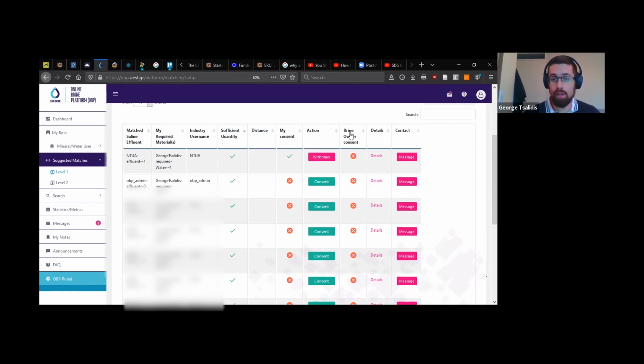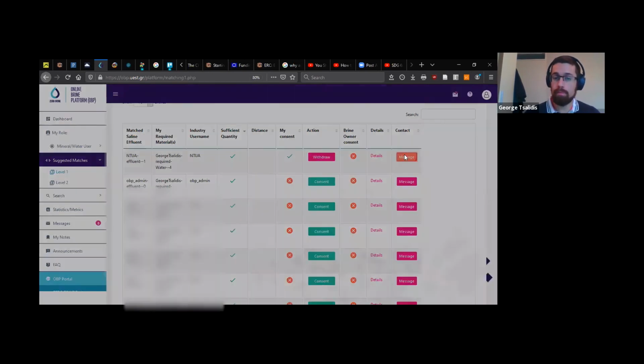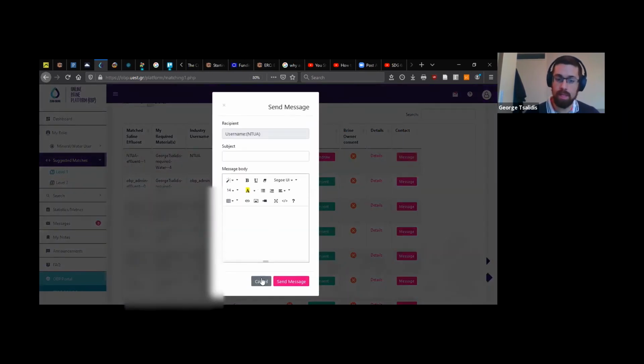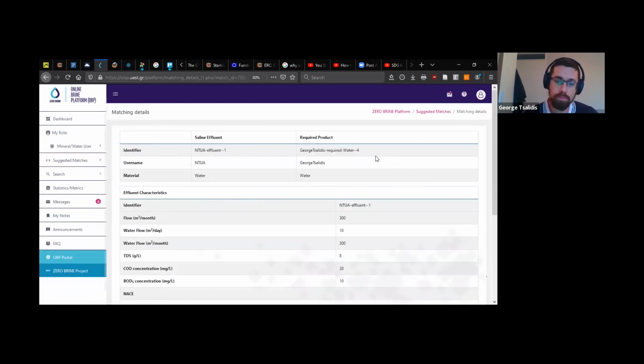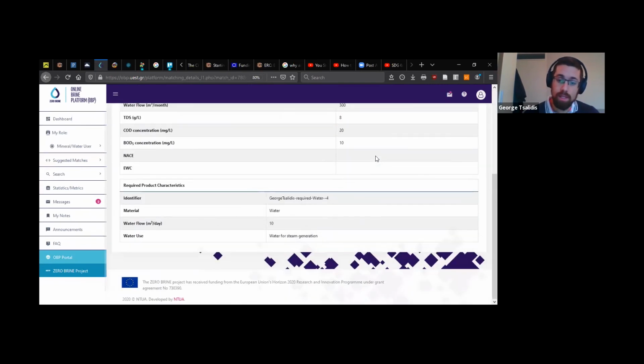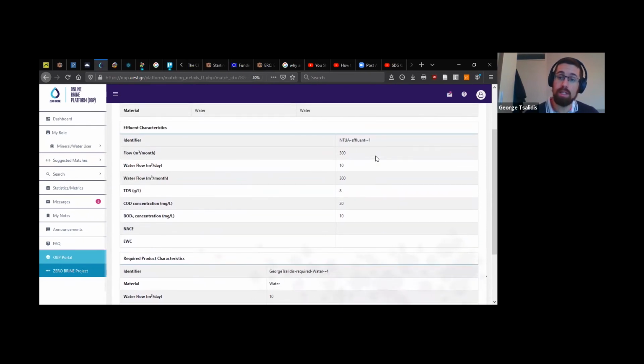If I also get consent from them, then hopefully we can collaborate with each other. I can message him. Now I can message somebody specifically because I have a level 1 match with him, and I can even check details of the materials that I said I'm requiring, and the materials that this brine producer is generating and is able to recover.